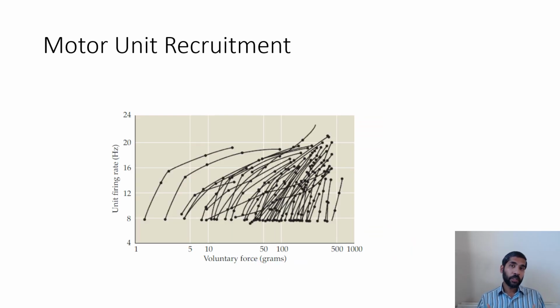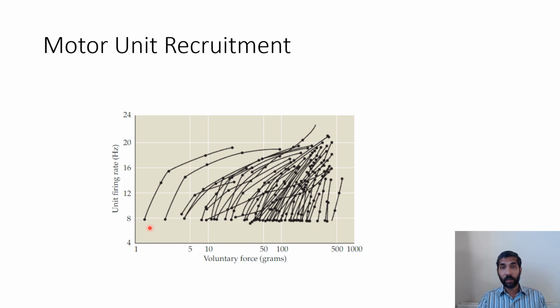Now, when motor units are being recruited, so for example, when I need to produce a certain amount of force, how does that work? There are two ways in which you can increase the force that you're producing in your muscle. One is you can take a particular motor unit and increase the firing rate of the motor unit, right? So you can send more action potentials down the motor neuron so that the muscles contract more and more.